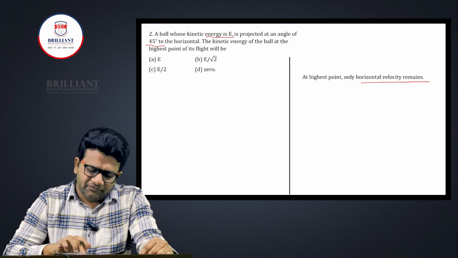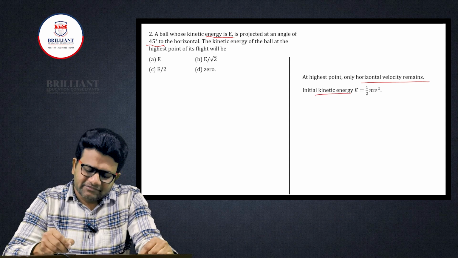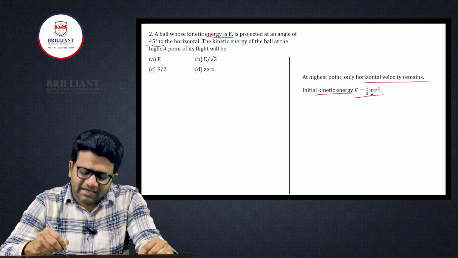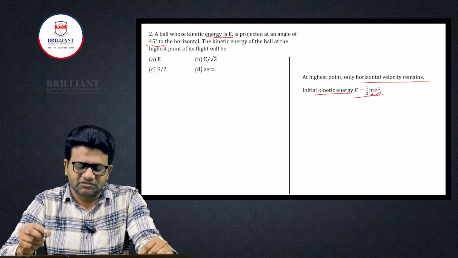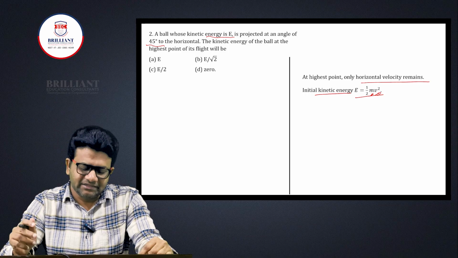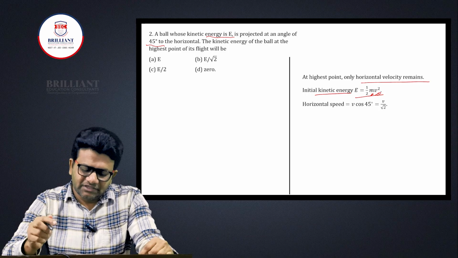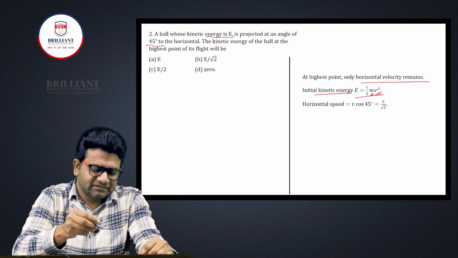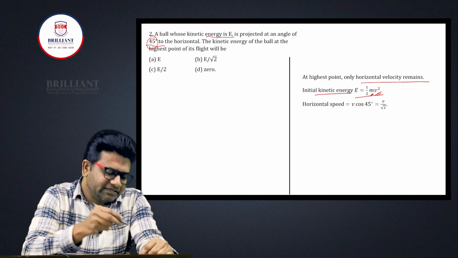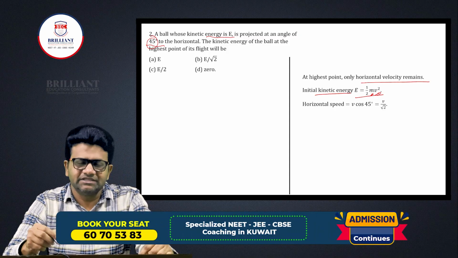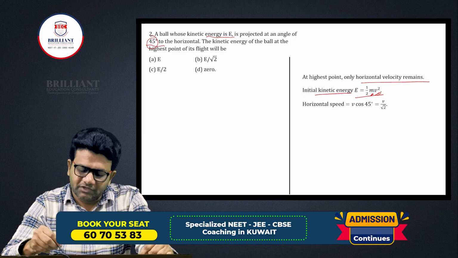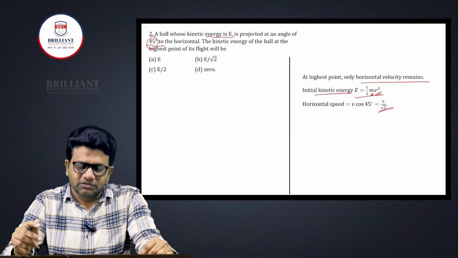First we have to find the initial kinetic energy, which is equal to half mv square, where m is the mass and v is the velocity. The horizontal speed is V cos theta. Here theta is 45 degrees, so V cos 45, which is 1 by root 2, so V by root 2 is the horizontal speed.